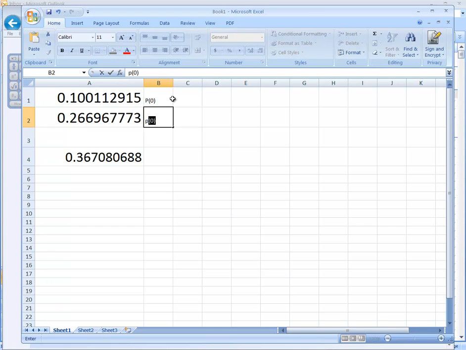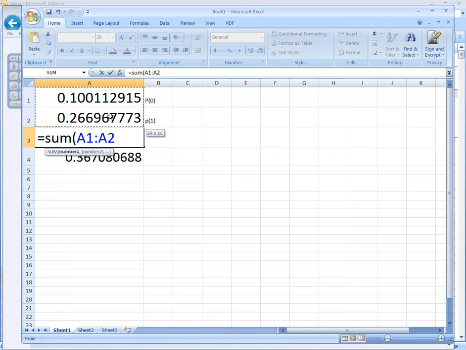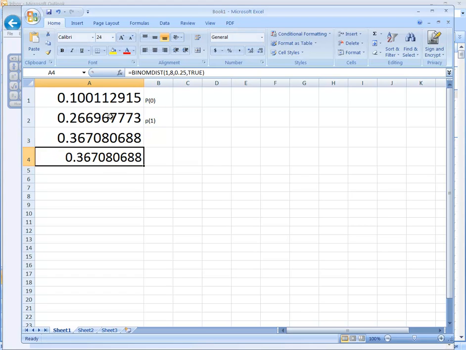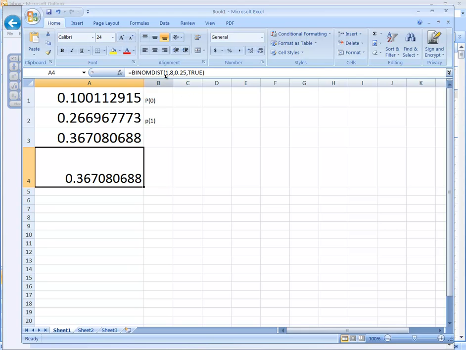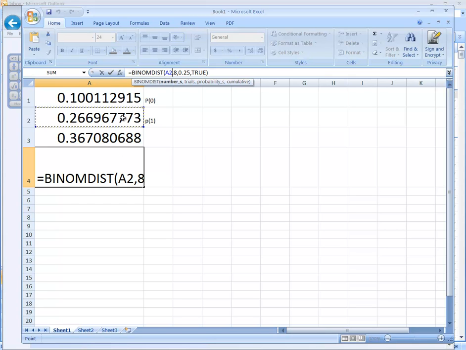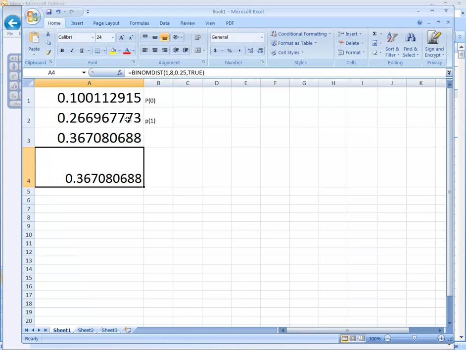This is P of 1. If I add those two together, equals probability of 0 successes plus probability of 1 success, I get the same exact number that I did when I typed in 1 and put true here. So remember, true is going to calculate that number of successes down, and false is only going to calculate that number of successes. I hope this helps.